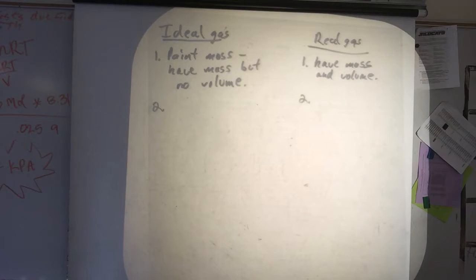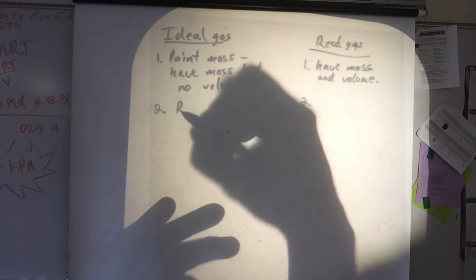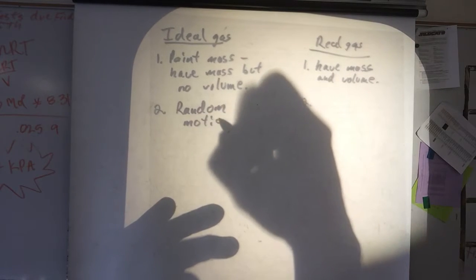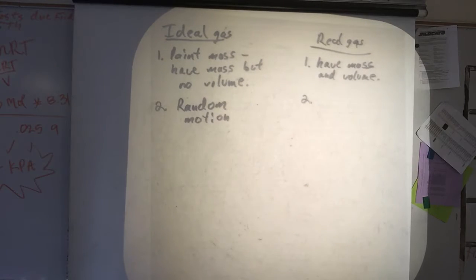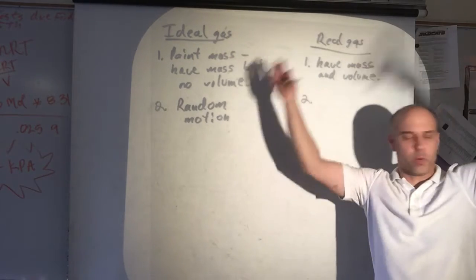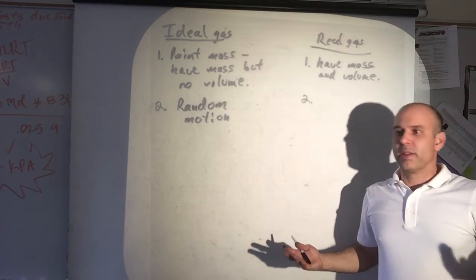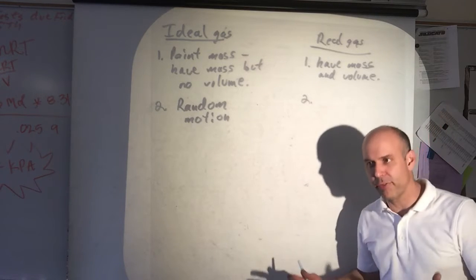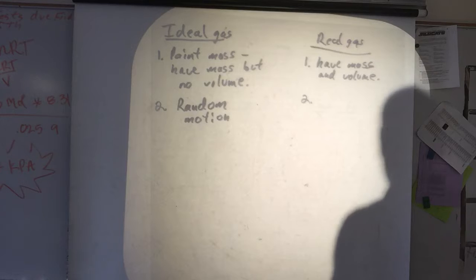Number 2, random motion. So when we think about gas particles, your teacher always describes them as just moving around in any old direction. For the most part, their motion is random, but it's not perfectly random.